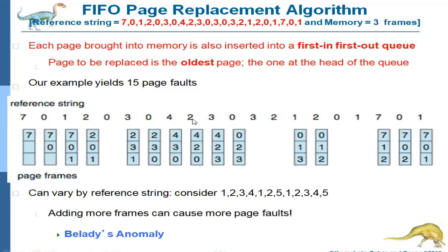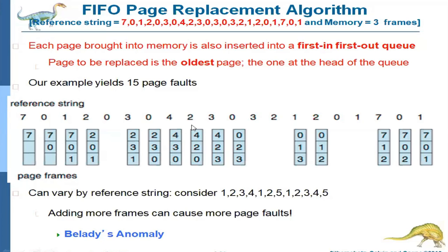Next 2. So you have to insert page 2. First you have to find out whether the page is there or not. So 2 is not there in main memory. Then what will the system do? It will be replaced with a new page.